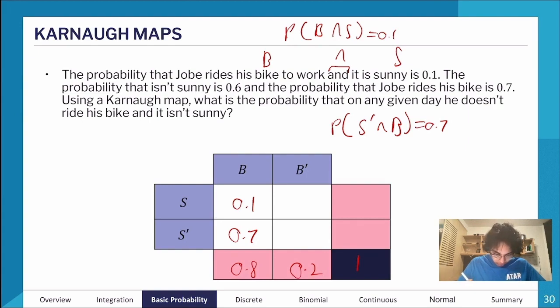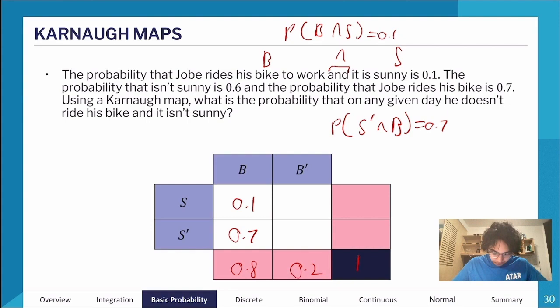Now let's see if the question has given us any additional information. The probability that Joe rides his bike to work and it is sunny is 0.1. Okay. The probability that it isn't sunny. Okay, I think I've misread the question, which happens. I've realized that from what I looked at, there was insufficient information to answer the question, which is kind of unlucky, but that's fine.